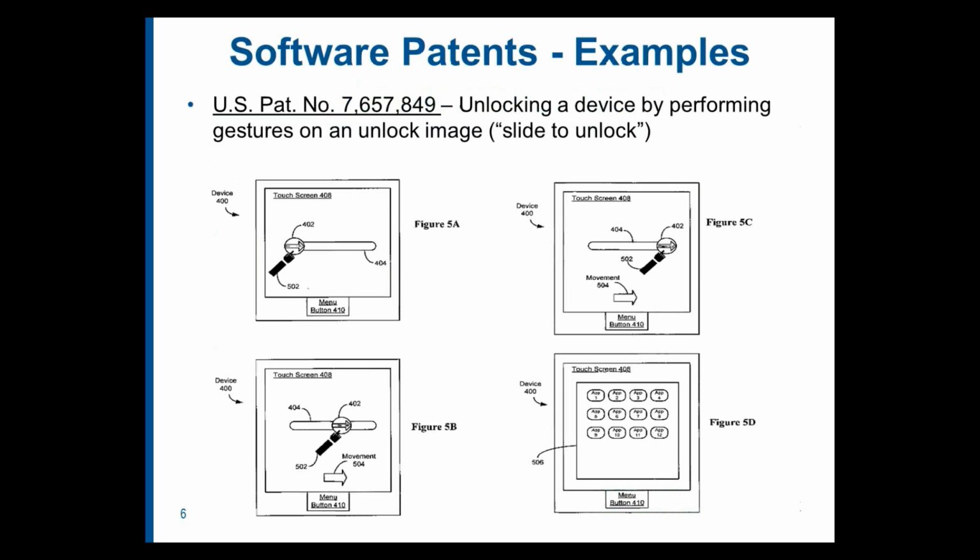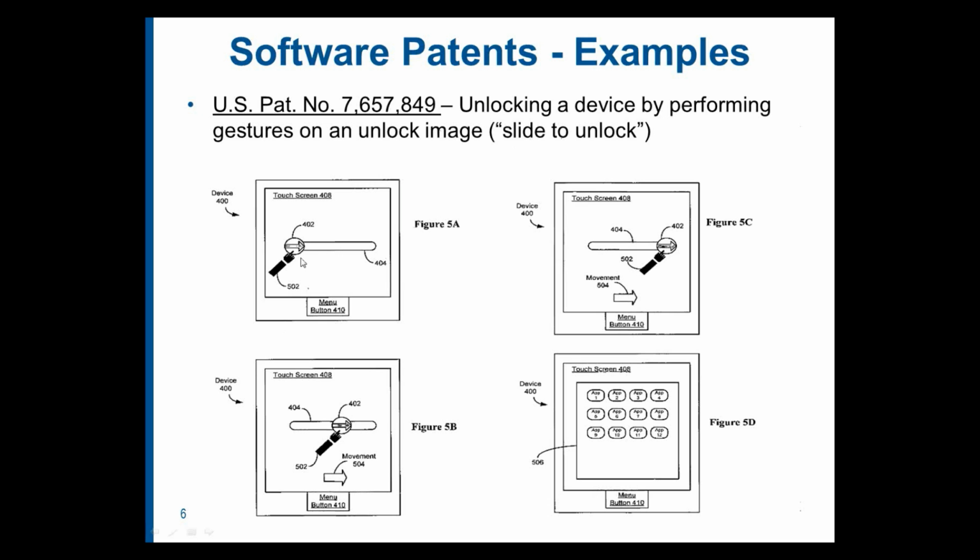So our first example here of a software patent is, as many of you can probably recognize, we'll start in the upper left-hand corner. This patent is US patent number 7,657,849, and it's to Apple's slide to unlock functionality of the iPhone.